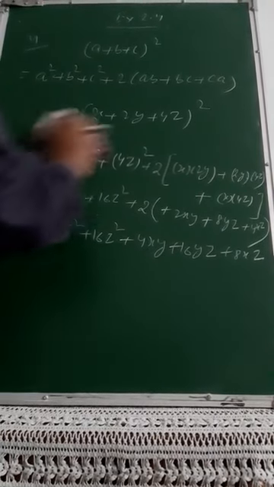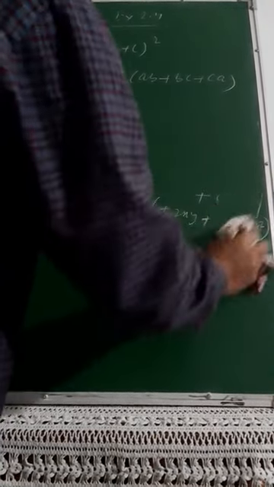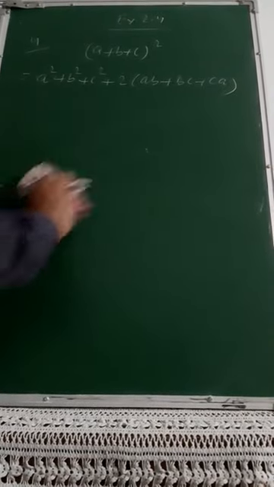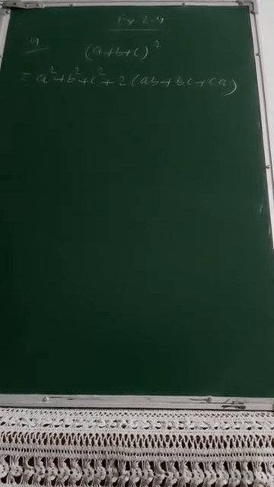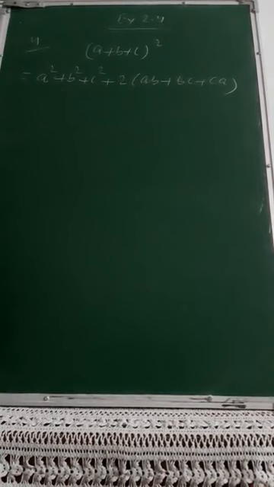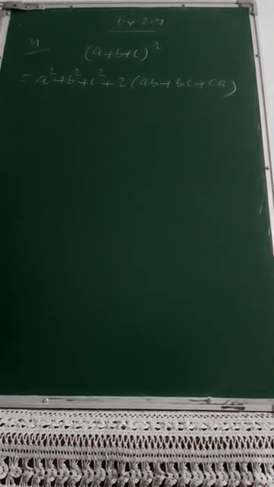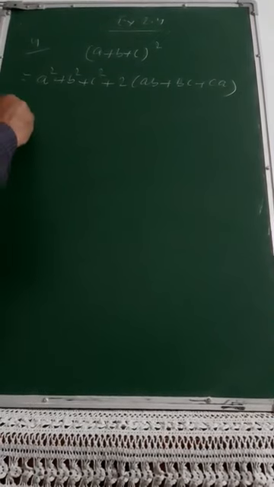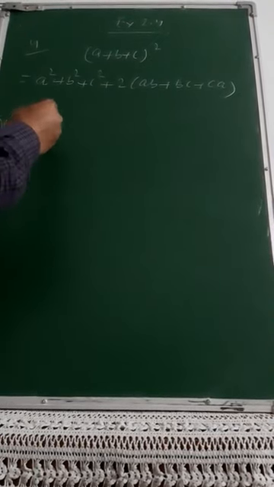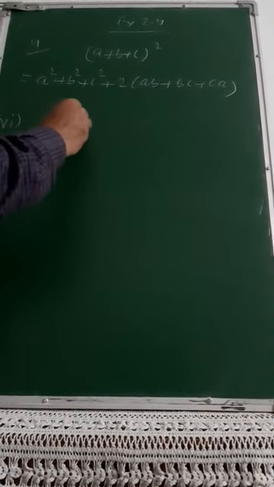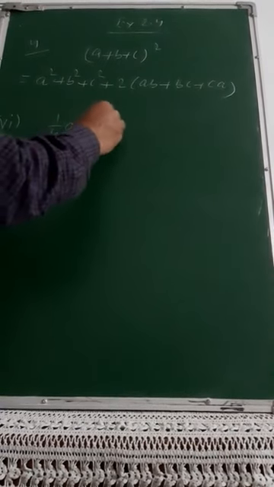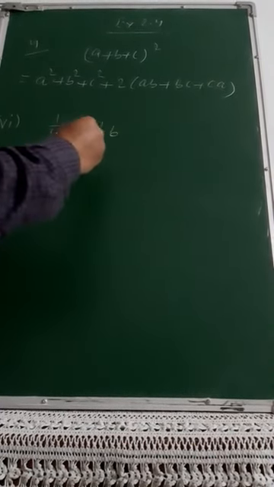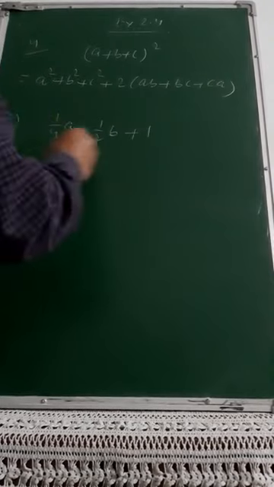Now I am taking another from this question number 4 based upon (a plus b plus c) whole square with negative signs. Suppose I am taking the sixth part. Let us see. The sixth part is (1 upon 4a minus 1 upon 2b plus 1) whole square.